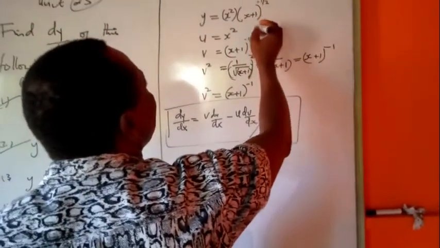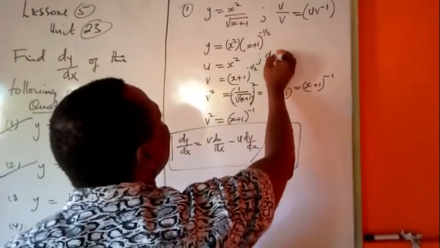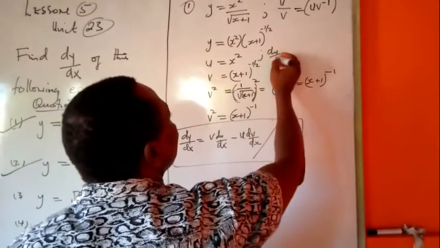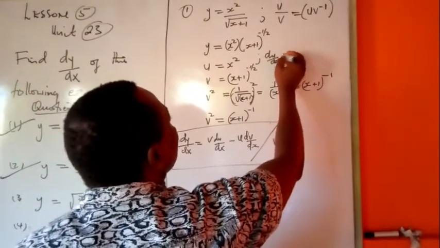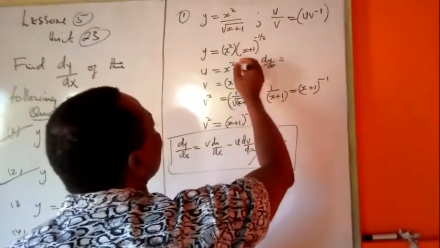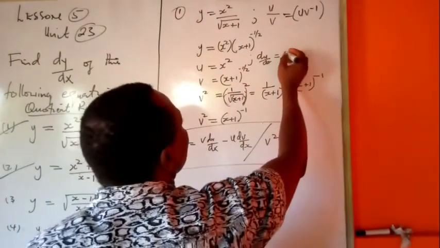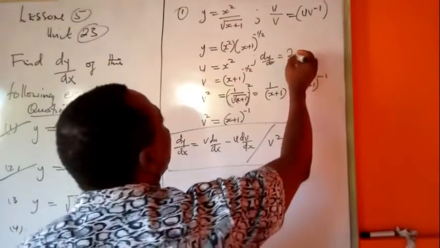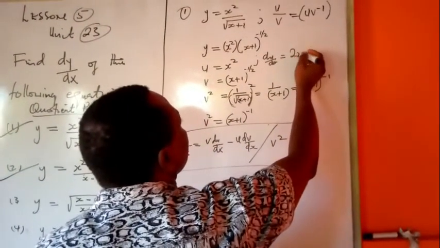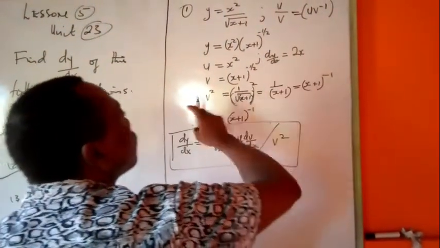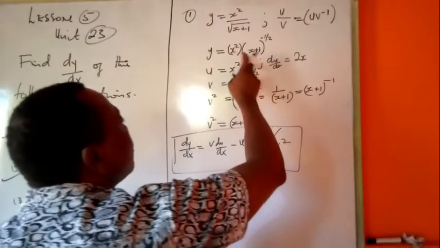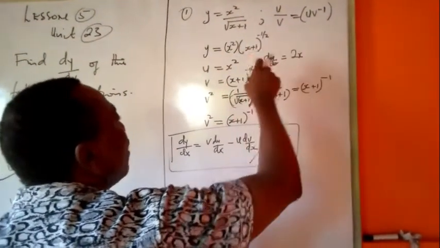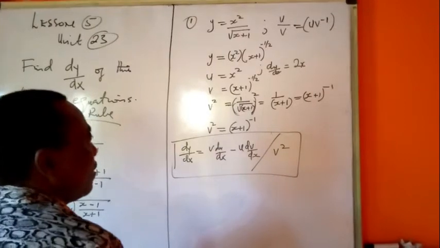Now, if we say du/dx, where u is equal to x squared, it becomes 2x, because you have 2 minus 1 come back as 2x.